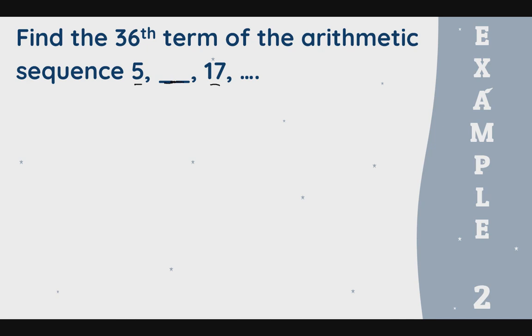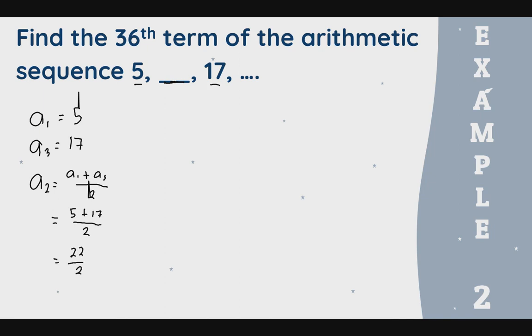So our a sub 1 is 5, our a sub 3 is 17, and our formula for a sub 2 is a sub 1 plus a sub 3 over 2. 5 plus 17 is equal to 22 over 2, and our a sub 2 is equal to 11.